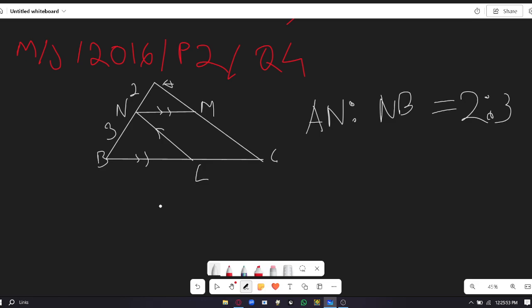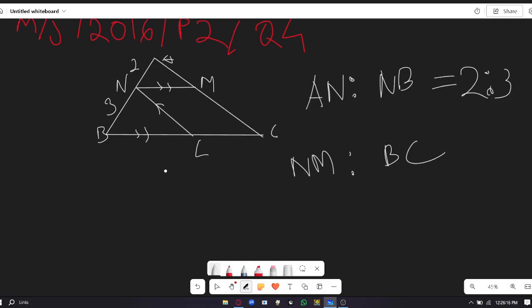Then it says to find the ratio of NM by BC. So NM, what is NM? NM by BC. These two lines are similar, right? NM by BC. So what can we see from this?